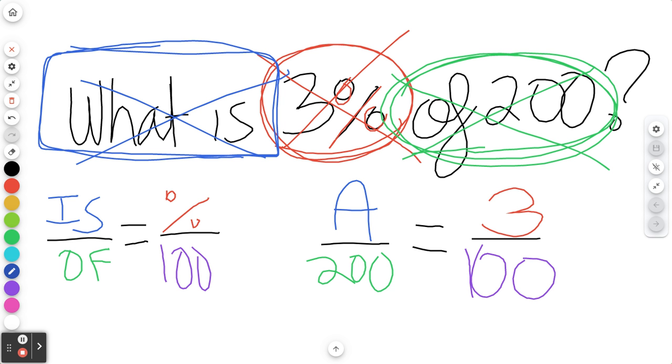All right. Now that I have a over 200 equals 3 over 100, what does this problem look like? It looks like baseball method because I have a proportion with one of the numbers being a variable. Okay?